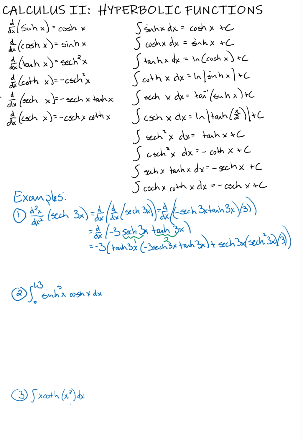Let's clean all this up just a wee bit, just one little bit at a time. I've still got the negative 3 in the front. Here I've got negative 3 hyperbolic secant of 3x, and then this tangent and this tangent. If I multiply those together, it's hyperbolic tangent squared.